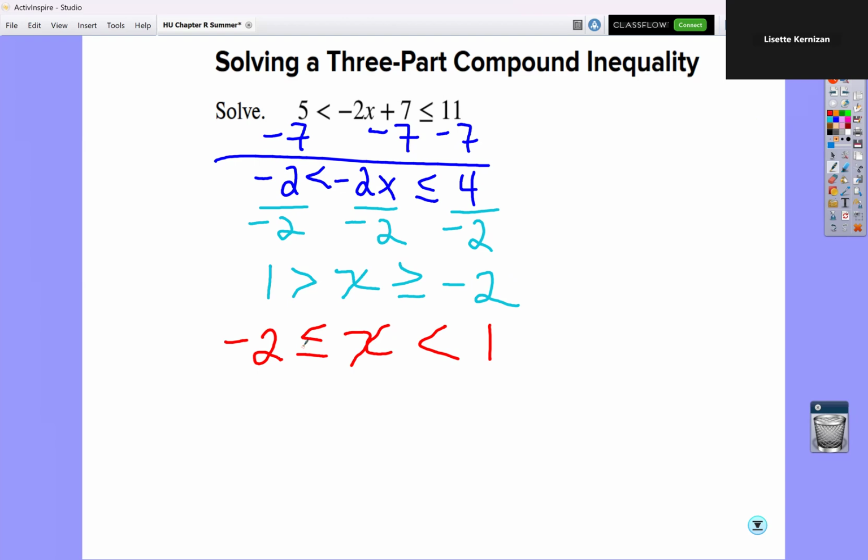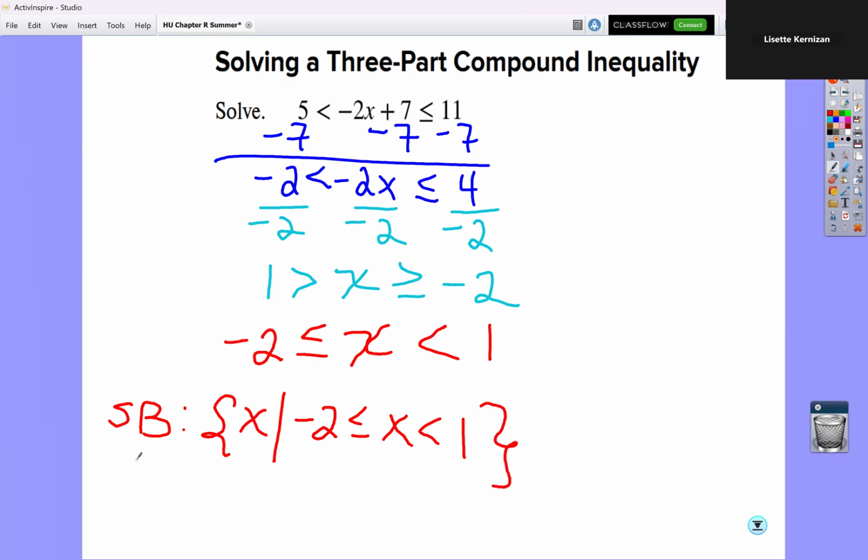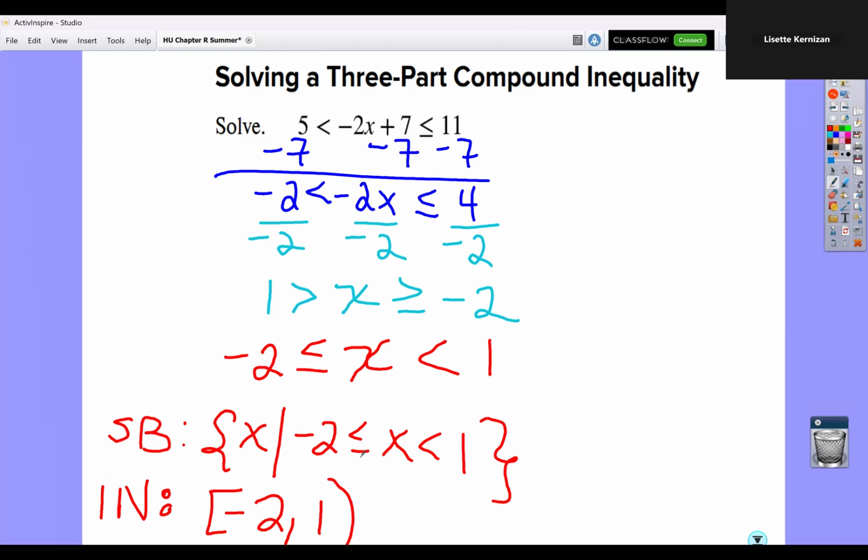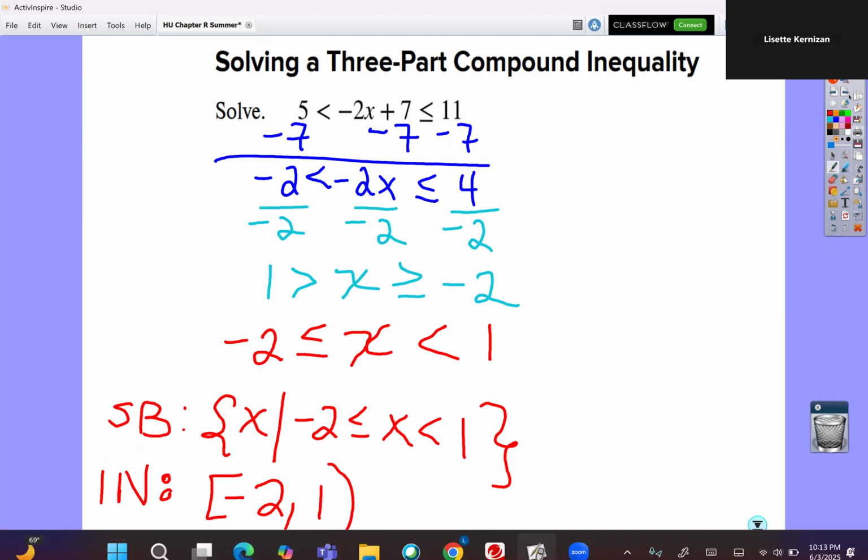So be careful, keep the signs the same. And if you're writing this in set builder notation, x such that you're between -2 and 1. Or you can say for interval notation, you're going from -2 with the bracket to 1 with the parenthesis. All right.